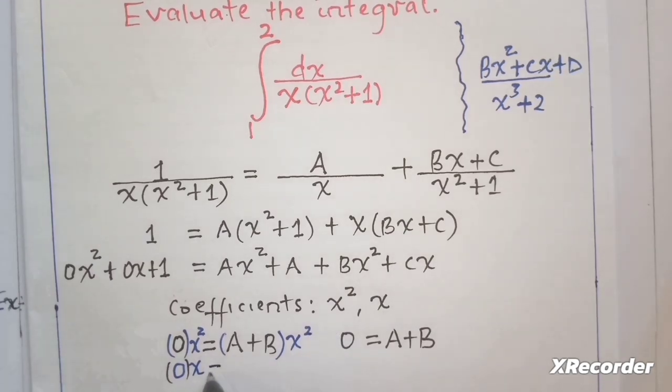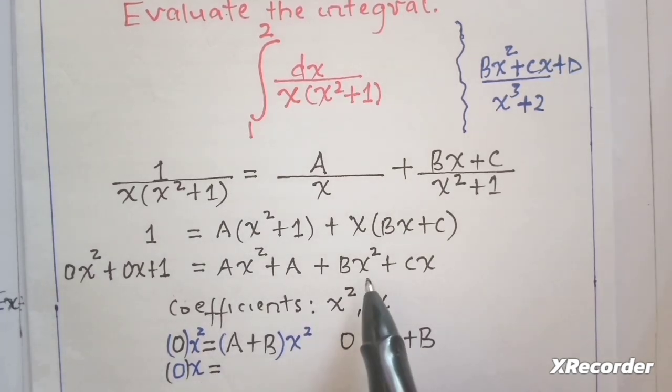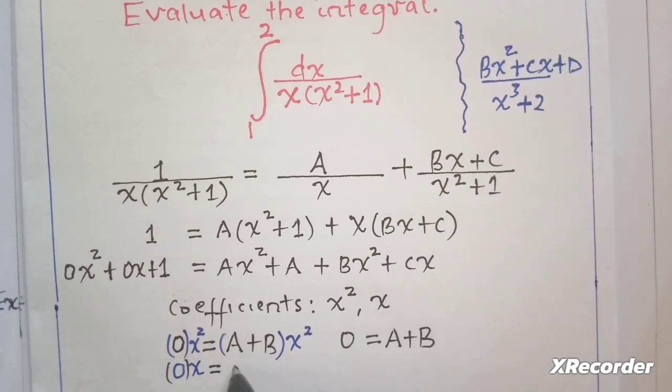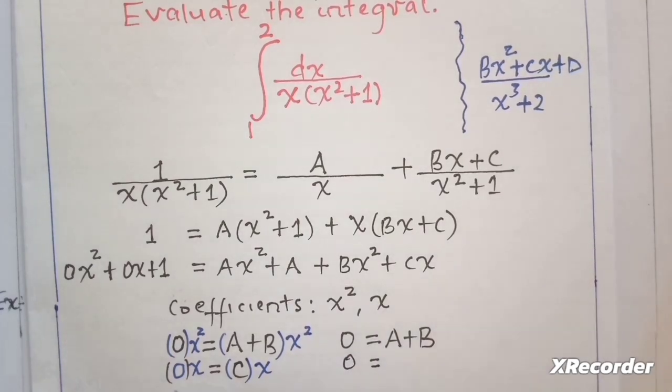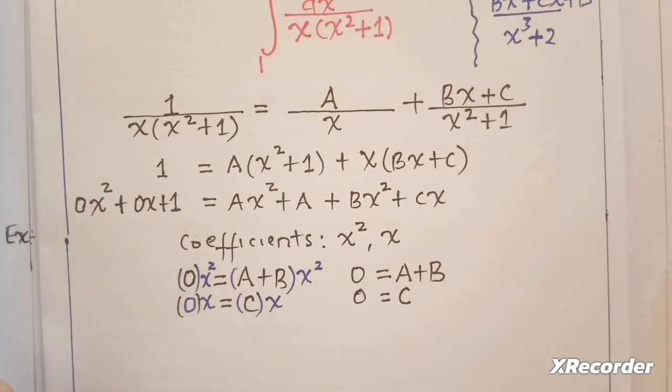This is equal to, for this other side, c, and it has x there now, guys. So we shall have 0 is equal to c. So already we know that 0 is equal to c. We continue, guys.